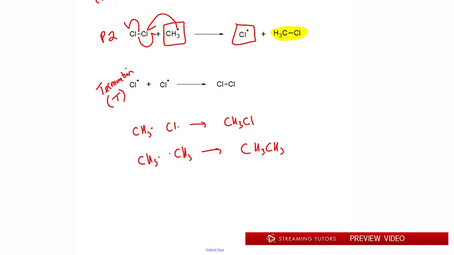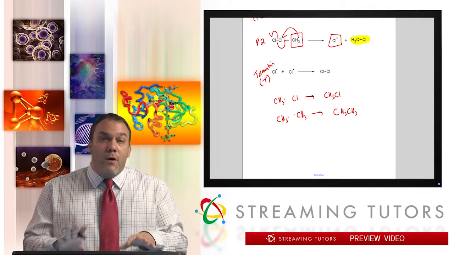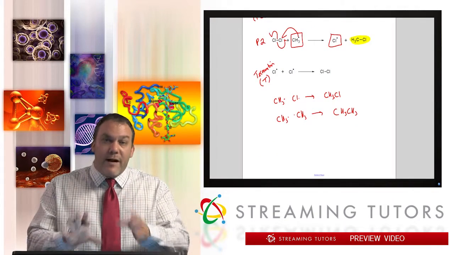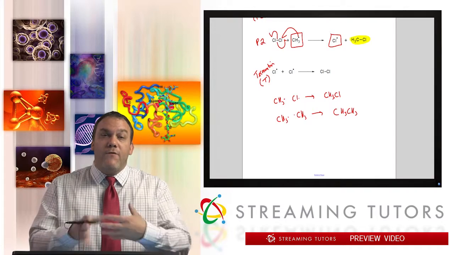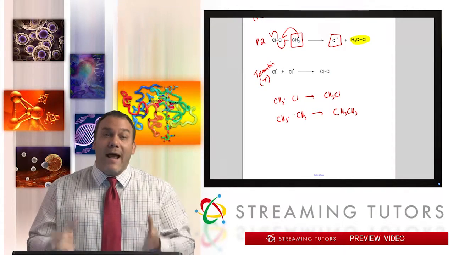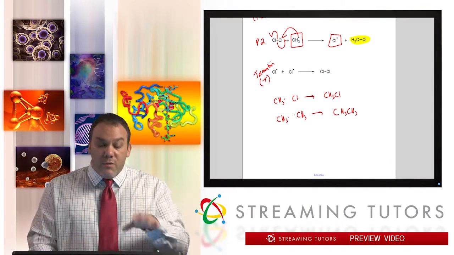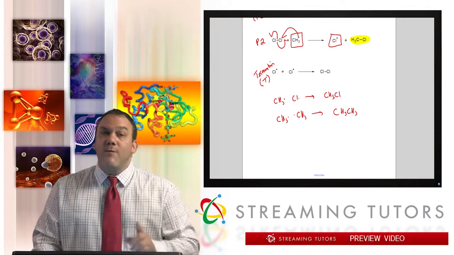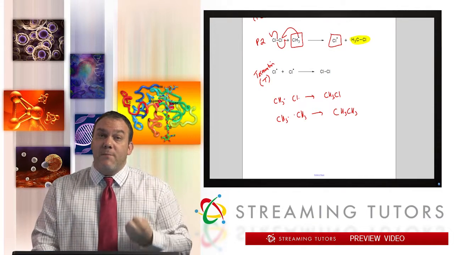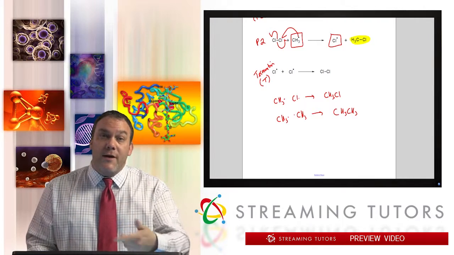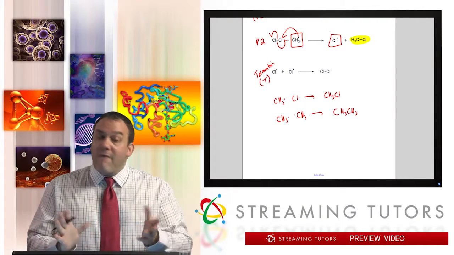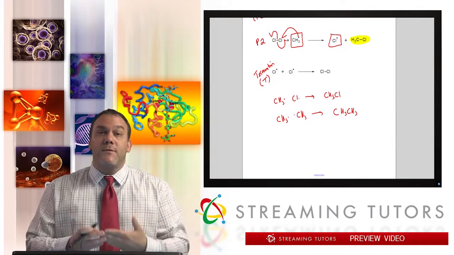Now, here's the thing. There are certain things that are more likely to happen than others, and we could figure that out in the next section. But for now, I just want you to know they all can and will happen. So these things will happen. There's a reason why I picked the two halogens coming back together. You'll see that also in our next section. But everything can happen. Any two radicals can come together.